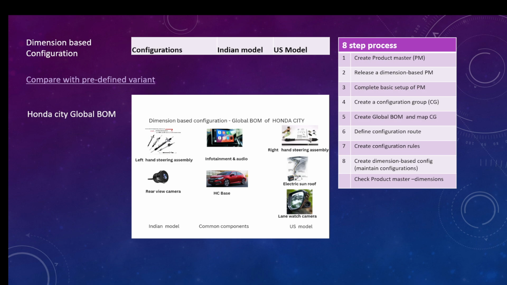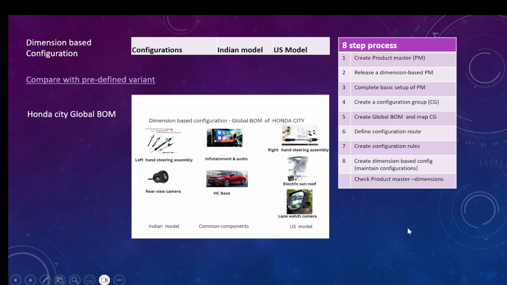I don't need to store all these product variants and wait for the customer. This is what I discussed in my earlier session. What is the advantage of using dimension-based configuration? On the fly, you can now decide which variant has to be manufactured, which variant has to be selected, and this will help the businesses to plan their manufacturing process and sales process depending on their sales forecast.